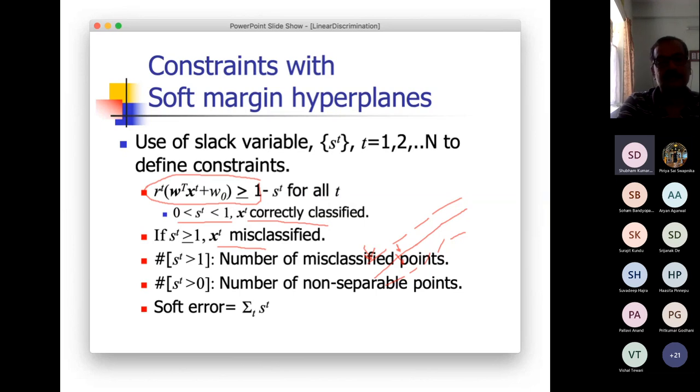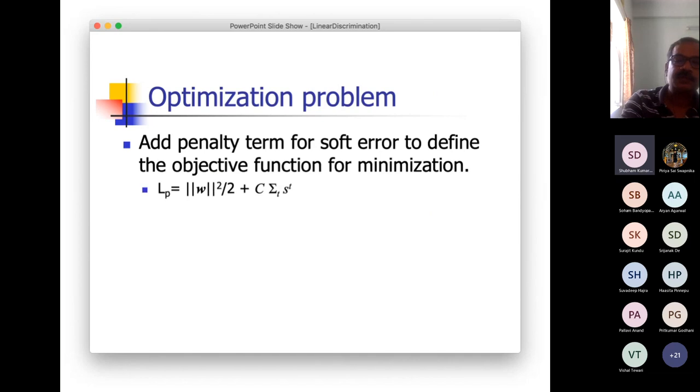Then we may consider the soft error as the sum of s_t. This is the error we are introducing. We are trying to minimize this sum of the slack variables, because it's a minimization problem, so our objective function will be modified in this way.